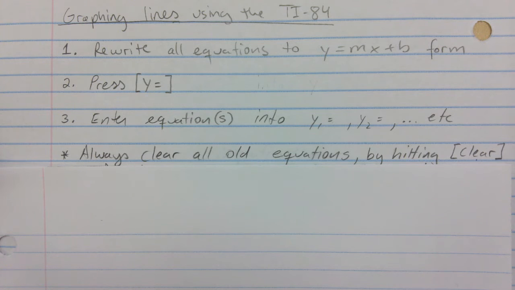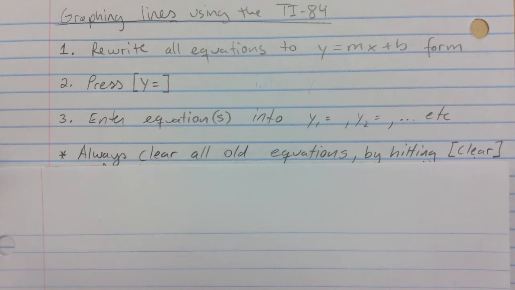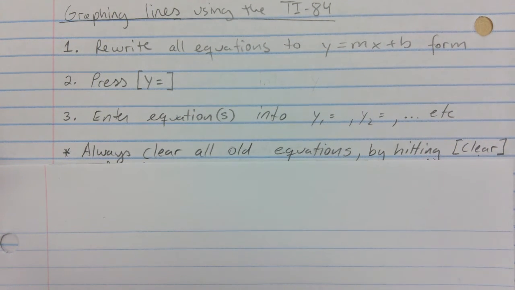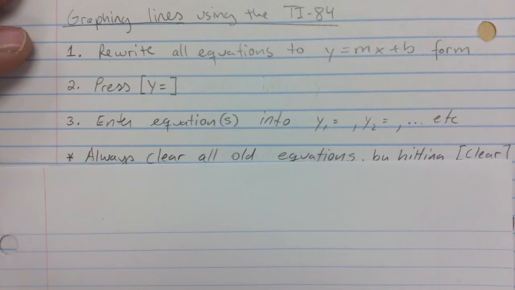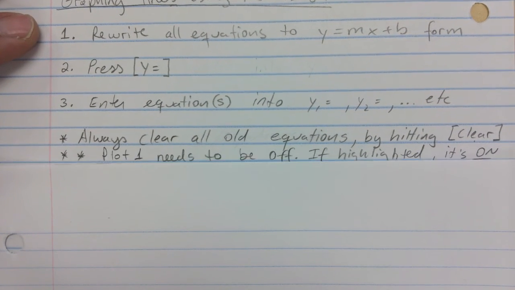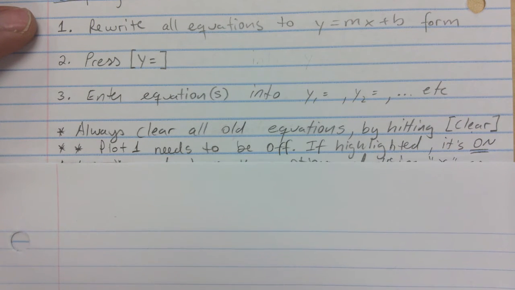You will most likely all have a bunch of equations in there, and I need you to clear them, because you can graph up to, I think 10, lines at the same time. So you want to clear them all so that you don't graph them as well, because then you're getting it wrong, right?